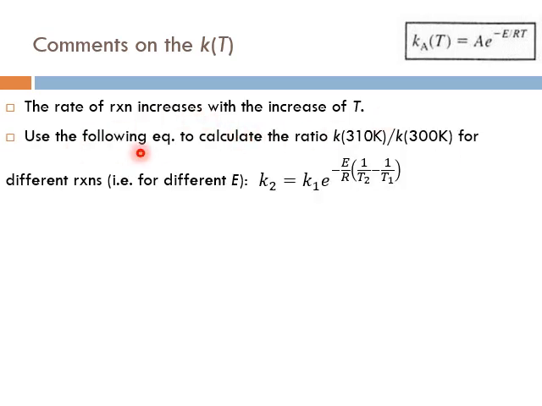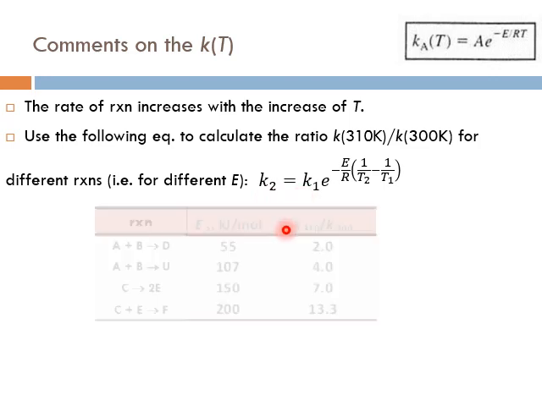Okay, let's use the following equation to calculate the ratio of K at 310 to the value of K at 300 for different reactions, meaning for different activation energies. All we have to do is plug in the value of E here, and then T1 is 300, T2 is 310, and then we are able to calculate K over K1.